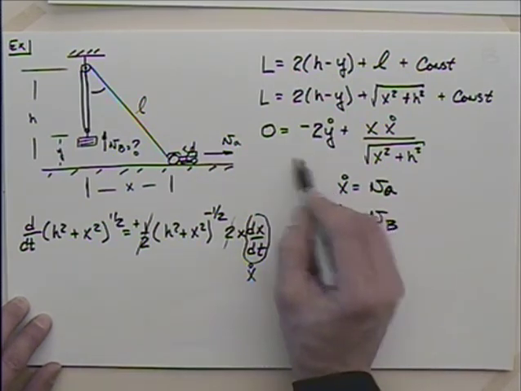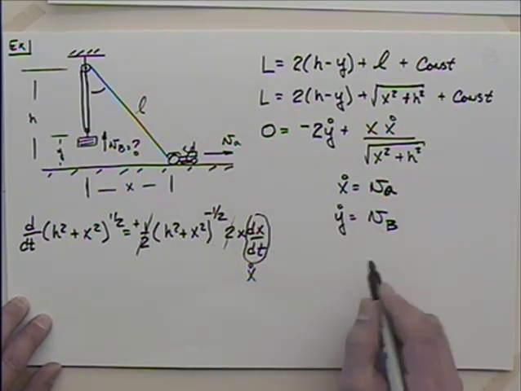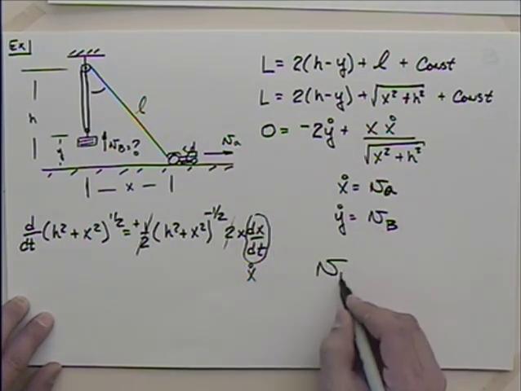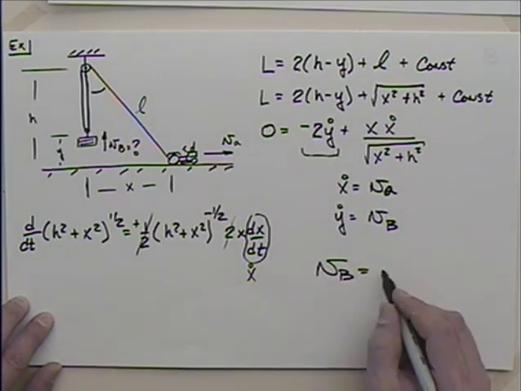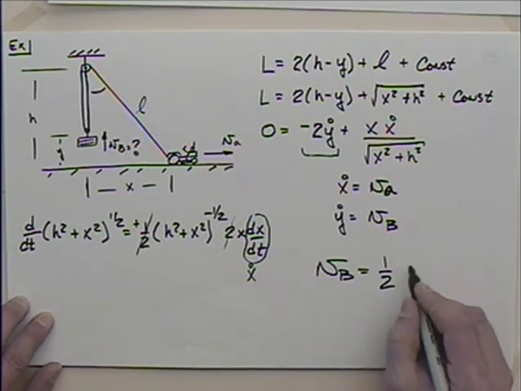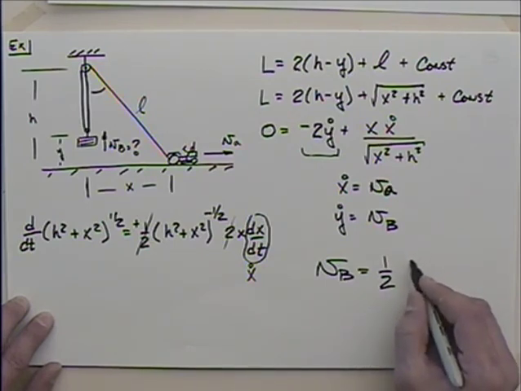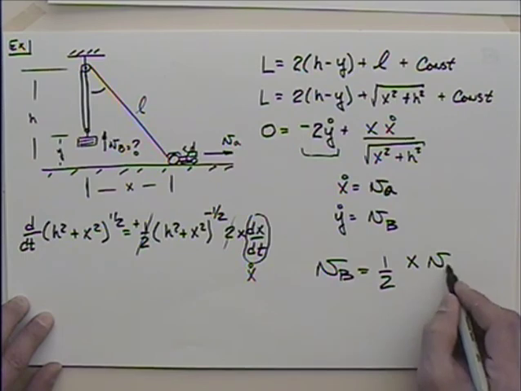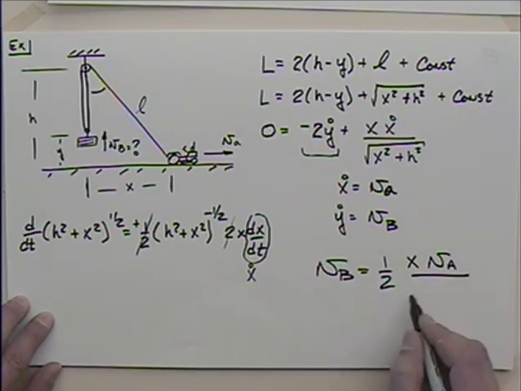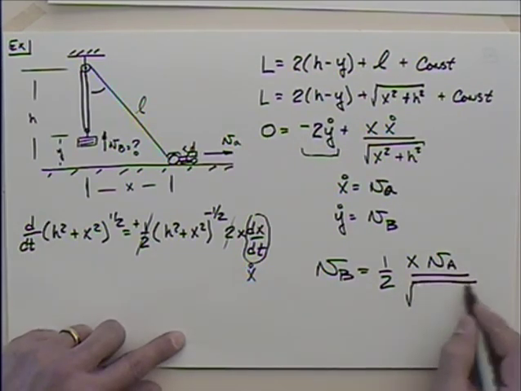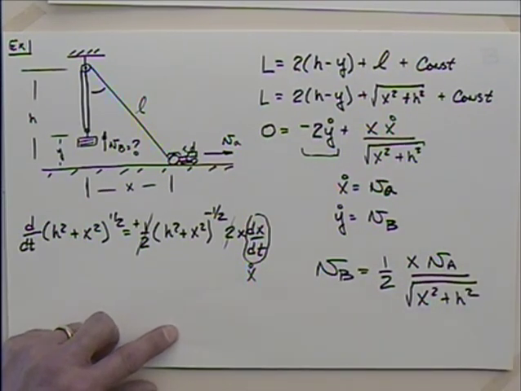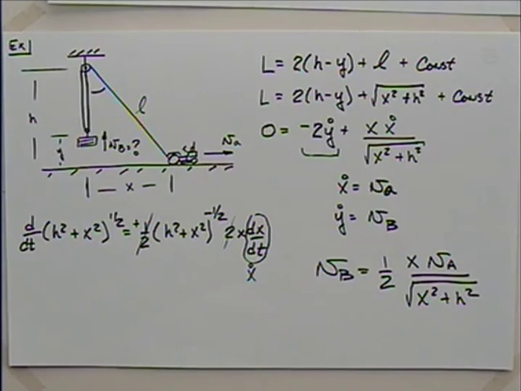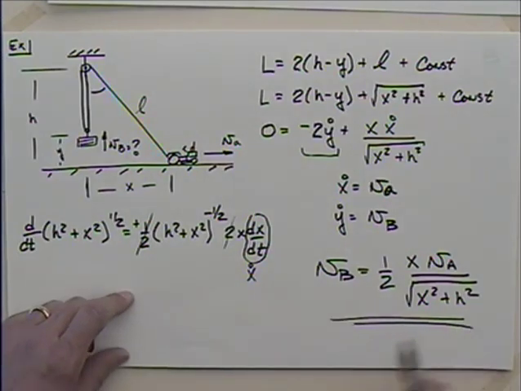Okay, so when I move that to the other side and divide by 2, I can say that the velocity of B, moving this piece to the other side, gets rid of the negative sign, is going to be equal to 1/2. I had to take care of the 2 times x times the velocity of A, making that substitution, divided by the square root of x squared plus h squared. So it's a more complicated function for the velocity.